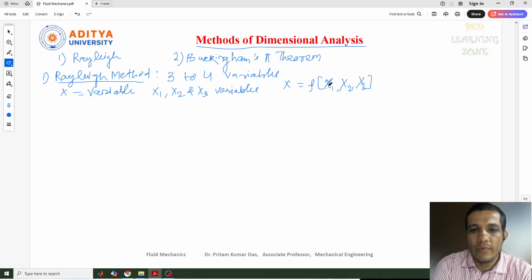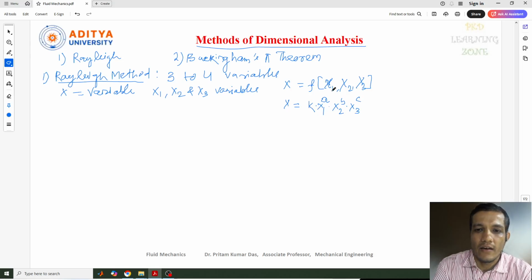See, x is a variable and these are some other variables. So x is a function of x1, x2, x3. Or the same expression we can write in other terms like x equal to k into x1 to the power a into x2 to the power b into x3 to the power c.